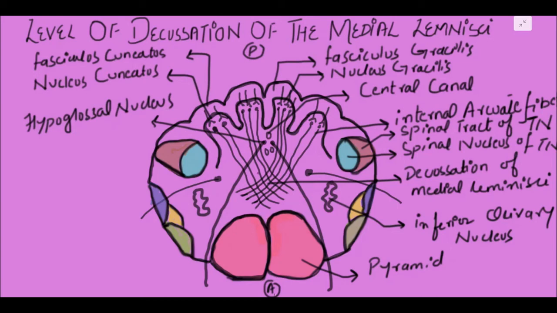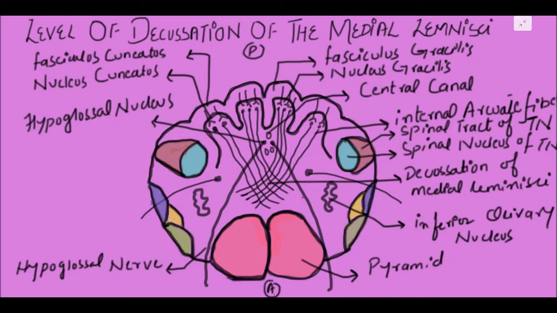And the nerve coming out is the hypoglossal nerve, which we can see at the level of decussation of the medial lemnisci. We find here the hypoglossal nerve, right?